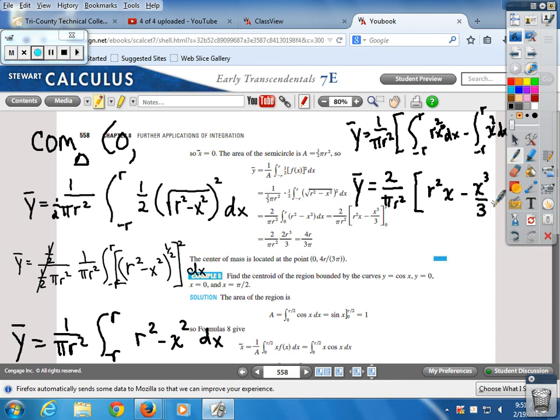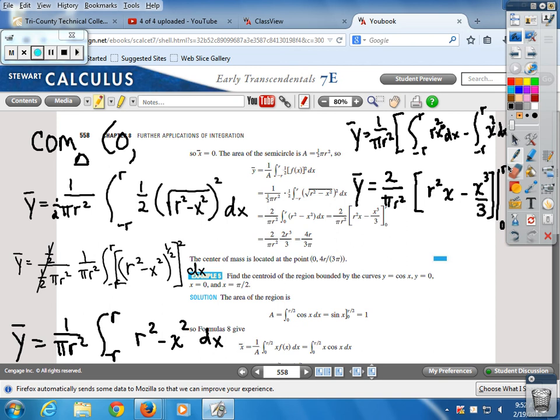Somebody check my antiderivative there. And that's going to be from 0 to what? R. Yeah, 0 to R. And now just plug R in, and then you get your direct proportion.